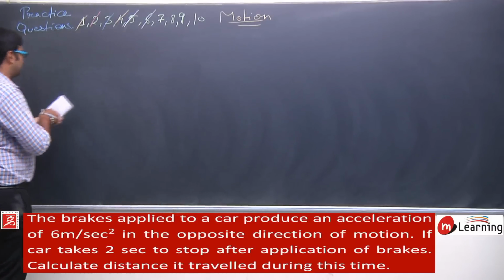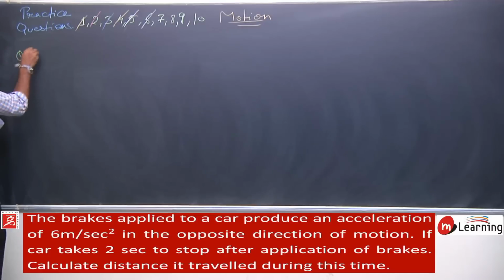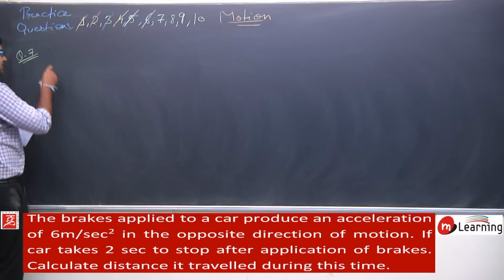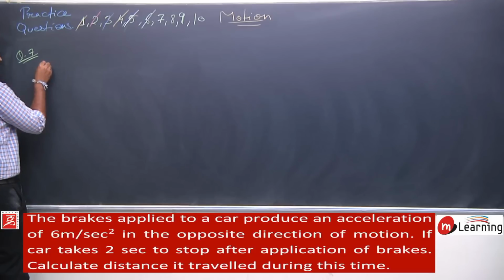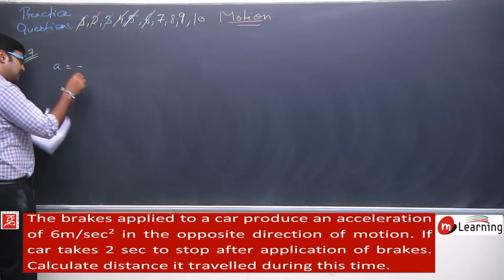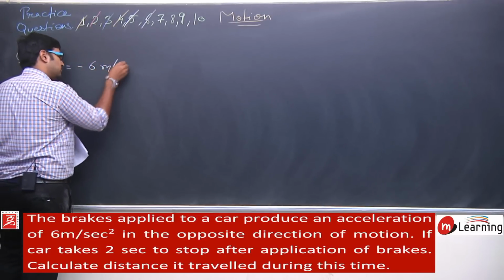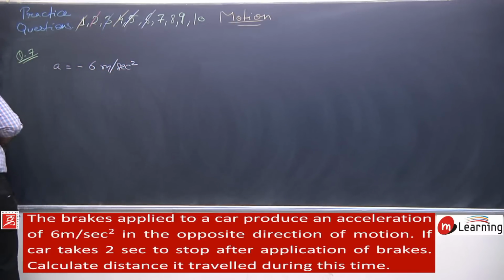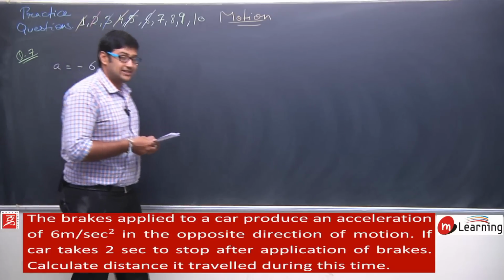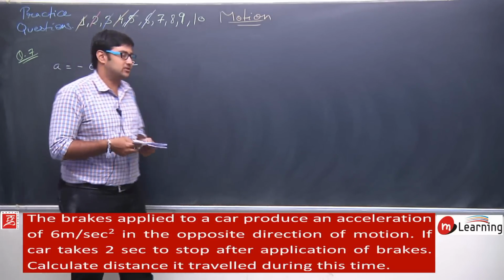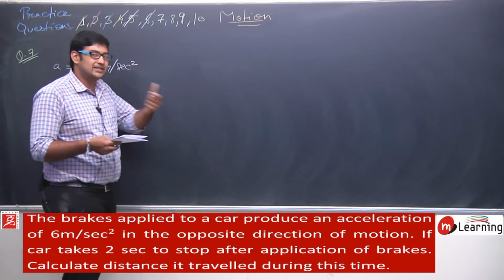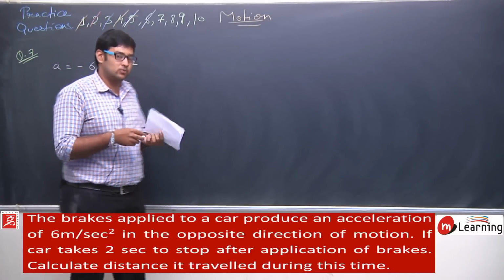So what are the given parameters that we have? We have the acceleration of the car. I will write it as a is equal to minus 6 meters per second square, because it is opposite to the direction of motion.